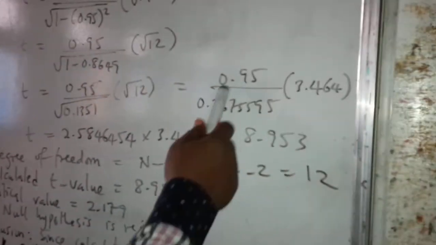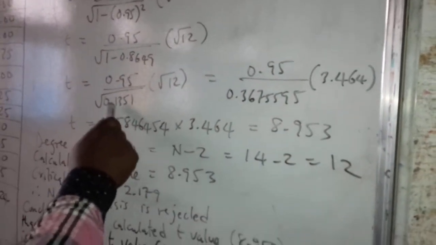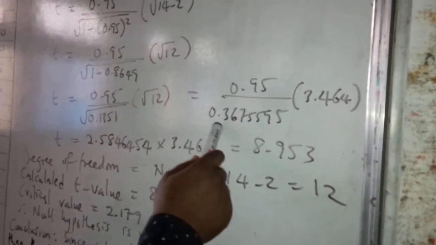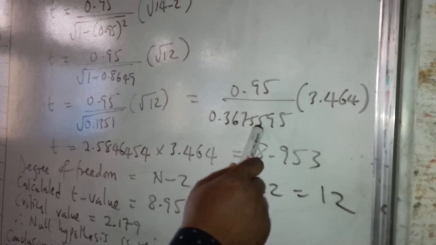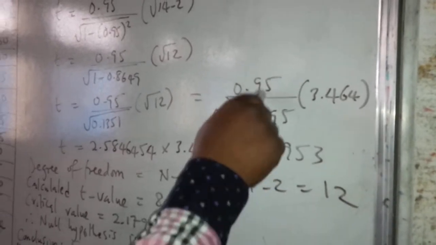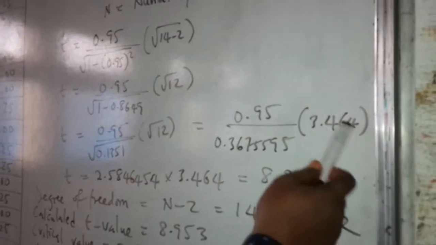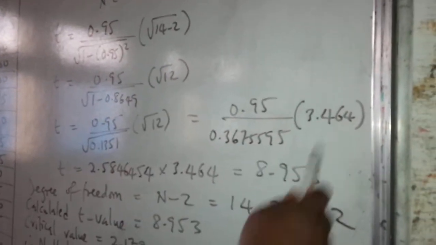Okay? And then, if you find the square root of 0.1351, what you have is 0.36755595. You divide 0.95 by this, and then this is the square root of 12.